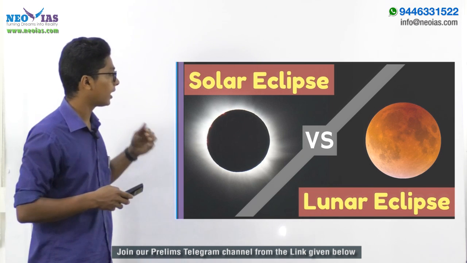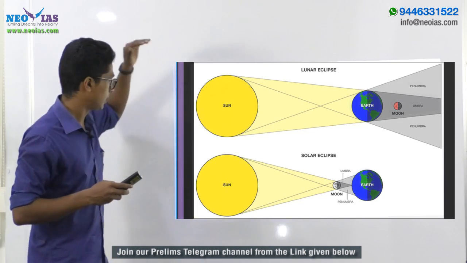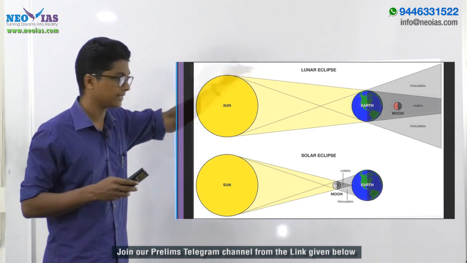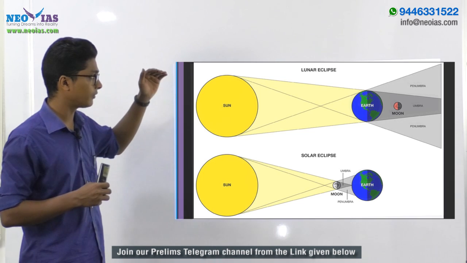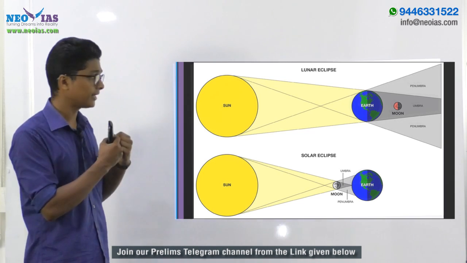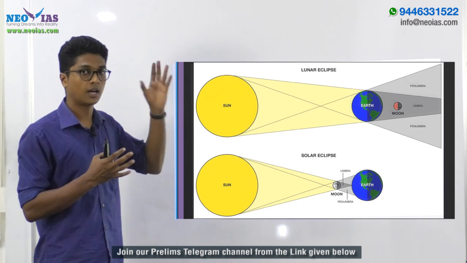Now let's look at how these phenomena take place. The interplay of three objects, the sun, moon and earth, results in the lunar and solar eclipse. Let's start with the lunar eclipse. During a lunar eclipse, the moon appears darker or reddish.